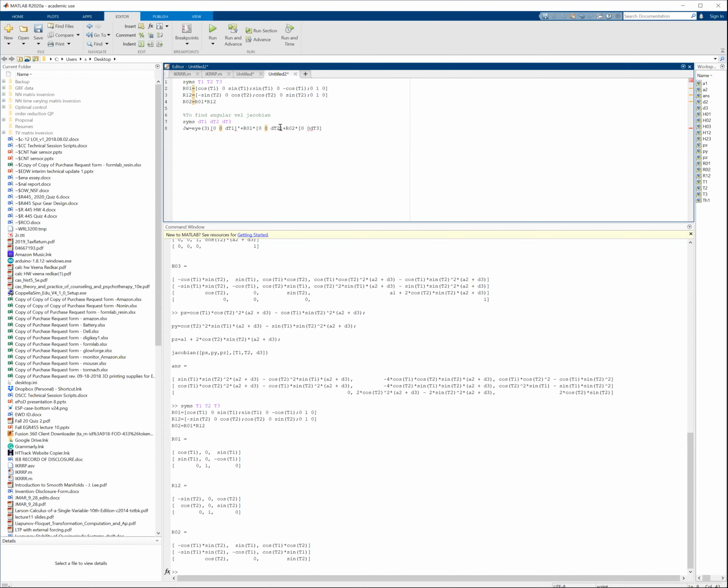And please note that these are vectors, so don't forget to transpose them.